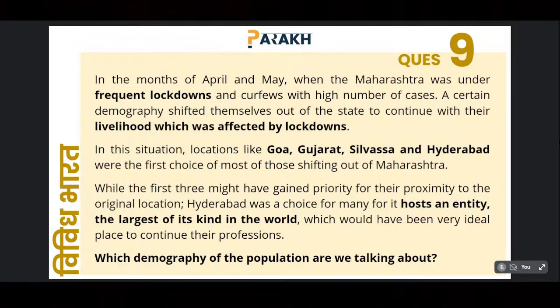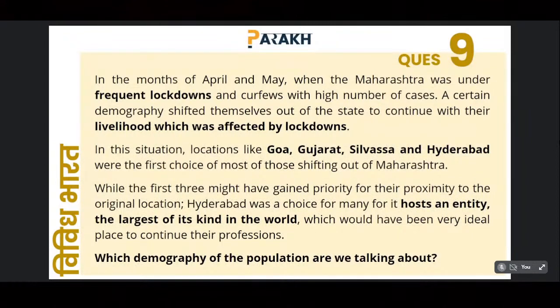While the first three might have gained priority for their proximity to their original location, Hyderabad was a choice for many, for it hosts an entity, the largest of its kind in the world, which would have been a very ideal place to continue their professions.